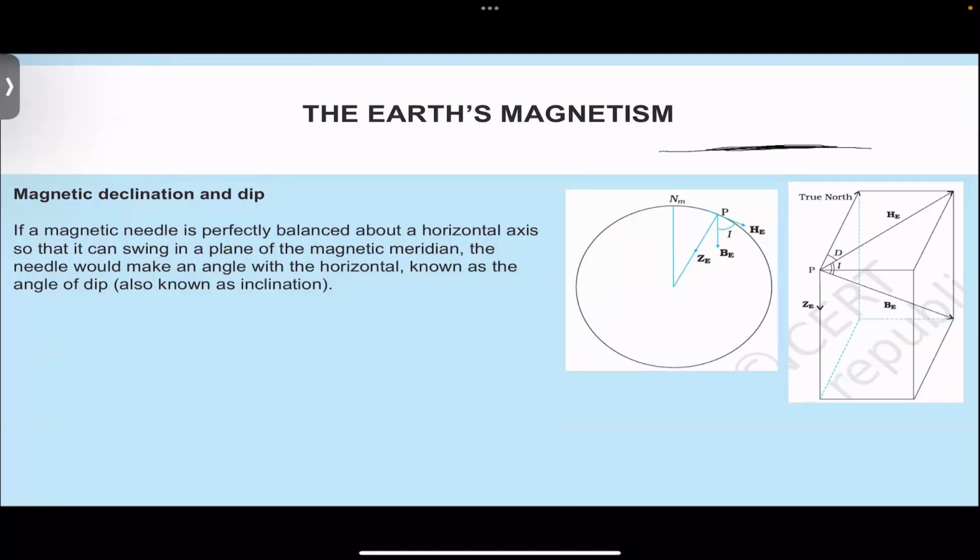Over here, you can see there is a horizontal component of the field, and this is the magnetic field.